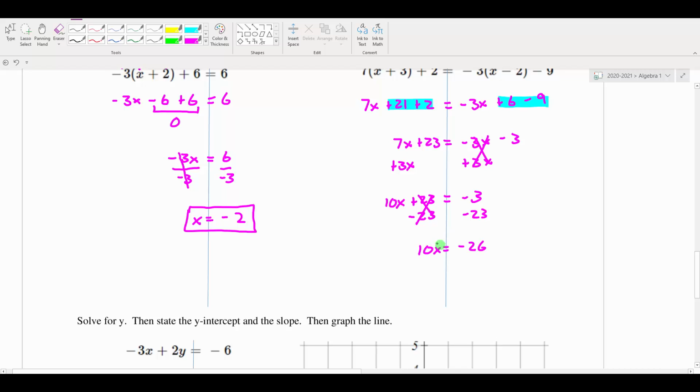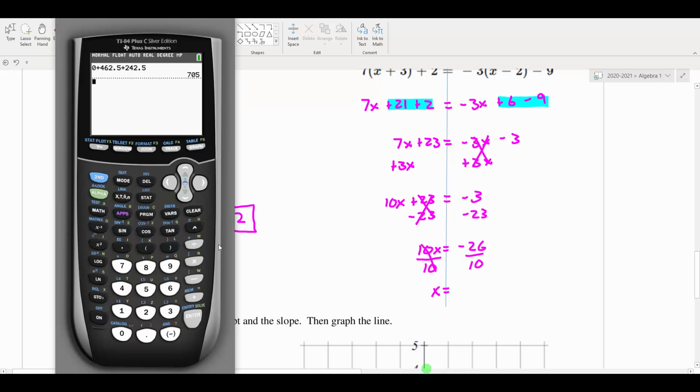Okay. And then the last thing that we got to do to get x by itself here is get rid of this 10. So this is being multiplied by 10, so I'm going to undo that multiplication by dividing by 10. Whatever I do on one side, I got to do on the other. 10's cancel. X equals whatever this is. So I'll pull up my calculator. We can get a decimal approximation here.